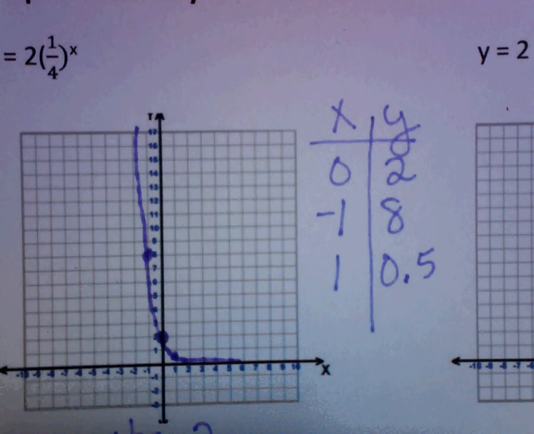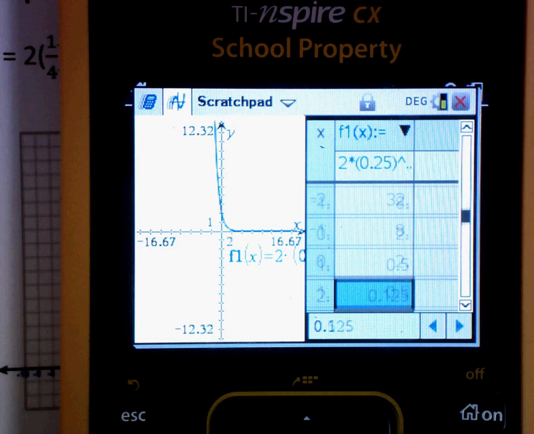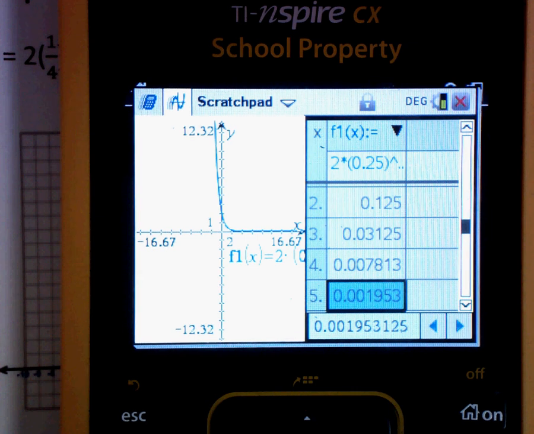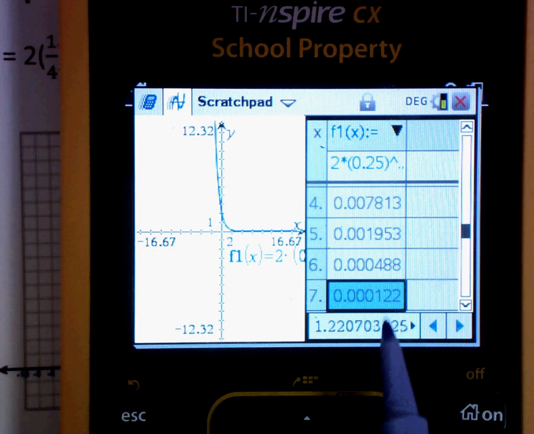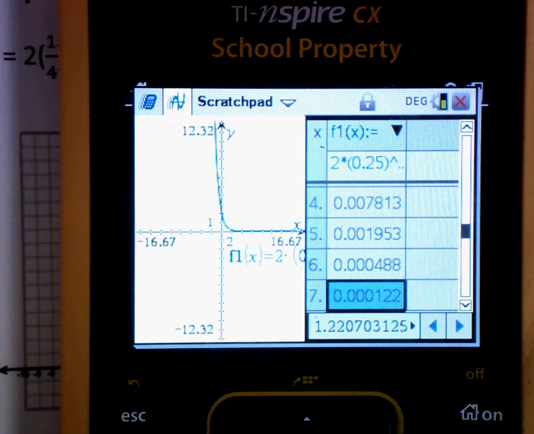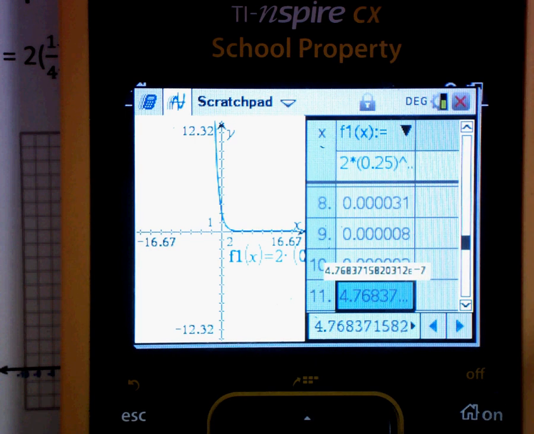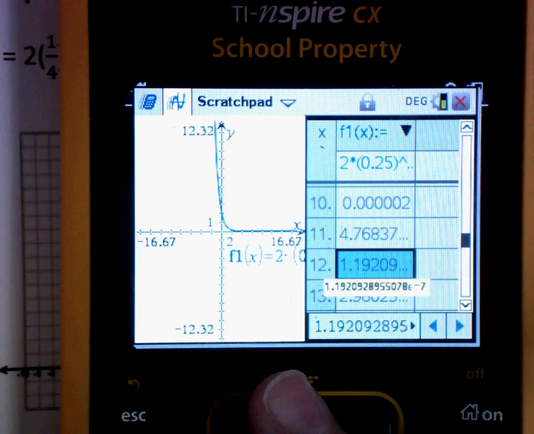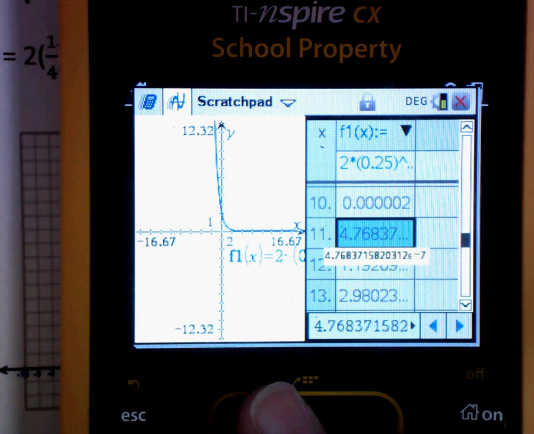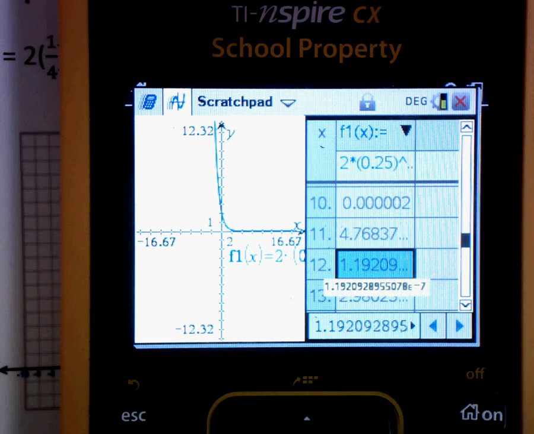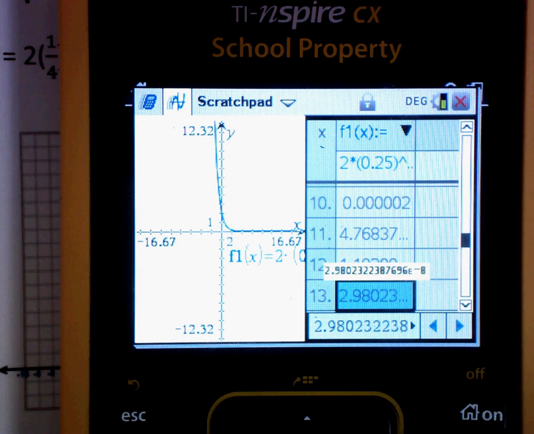Now, what I want you to see here in our table, as my x values get greater, this number is getting smaller and smaller. At some point, that's exponential notation, and it might level out and say 0, 0, 0.